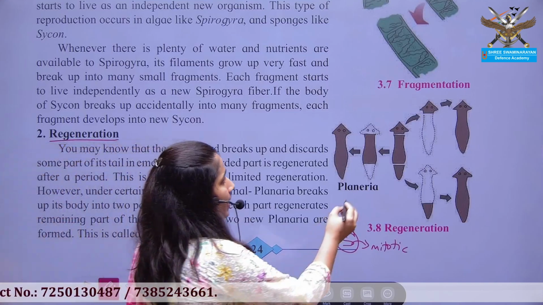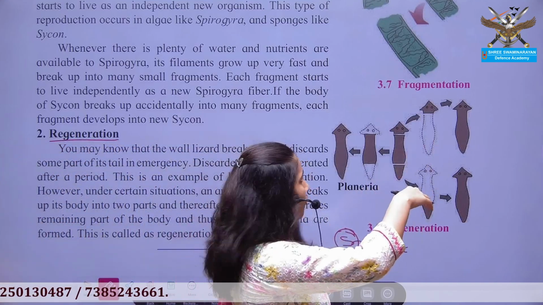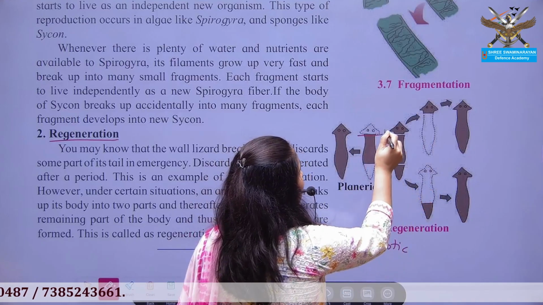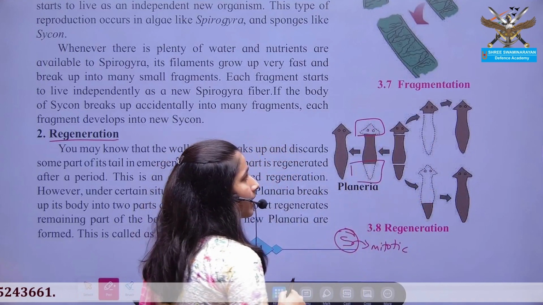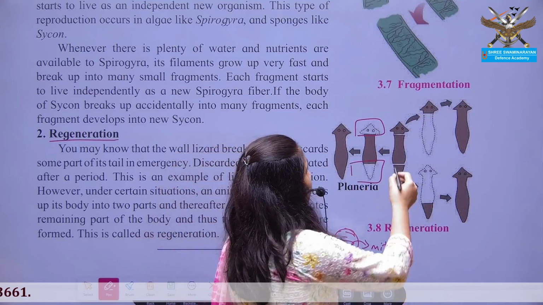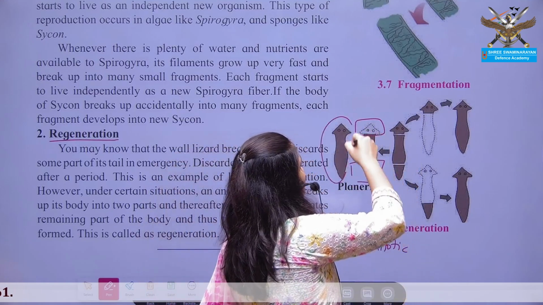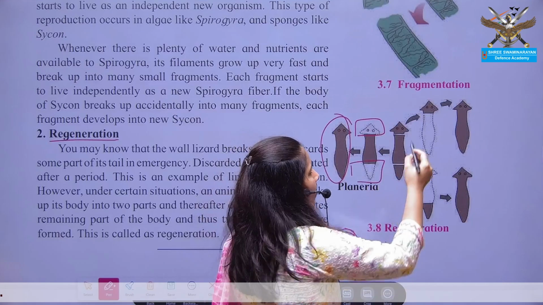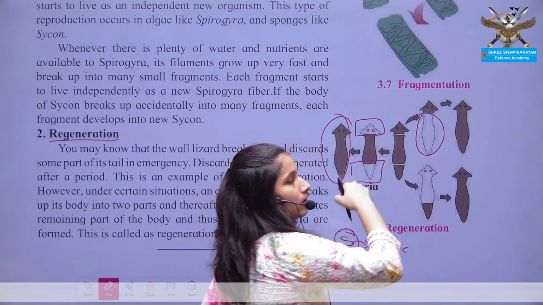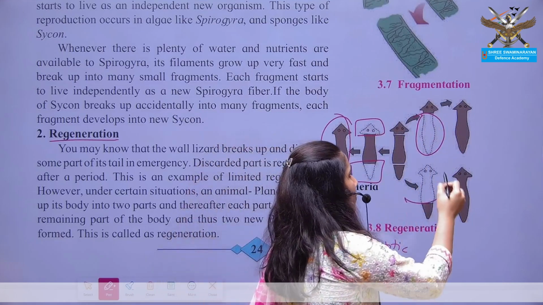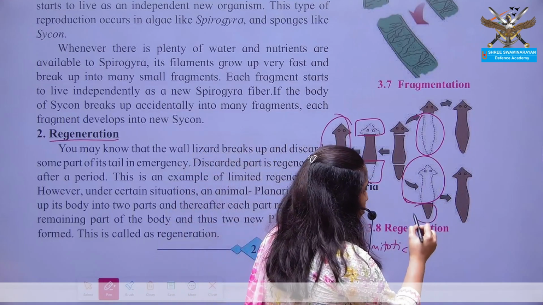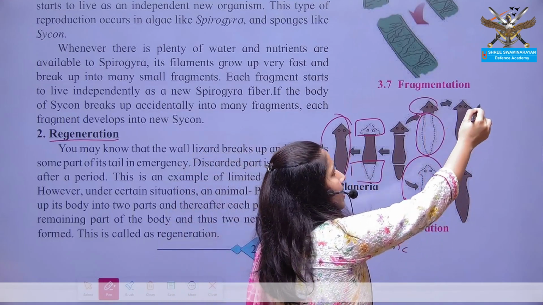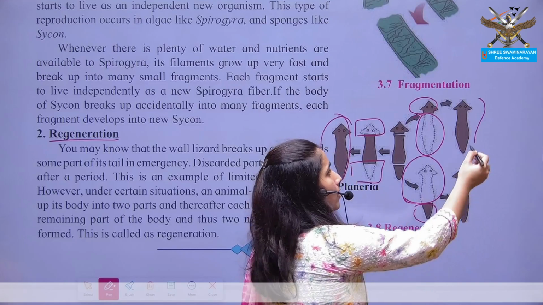In Planaria, various types of regeneration have been shown. Here the head region is amputated, here the tail region is amputated, and a new organism is again formed. Here the whole lower body part is amputated, and here the whole upper body part is amputated, but still a small portion of cells gives rise to the entire organism.